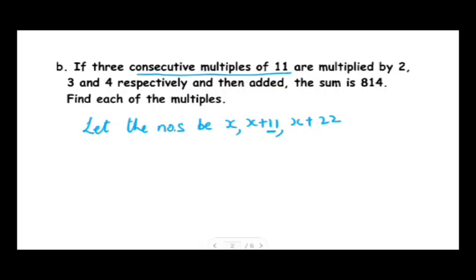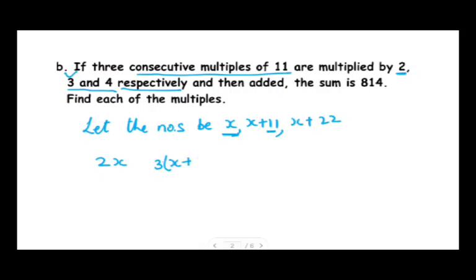So now, if 3 consecutive multiples of 11 are multiplied by 2, 3 and 4 respectively. Respectively means in order. So I'm going to multiply this number by 2. So 2x. Then I'm going to multiply my second number by 3, respectively, right? 3.